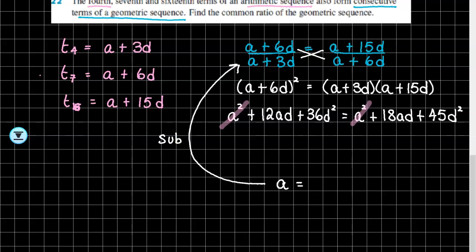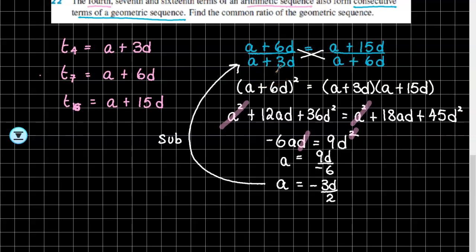Give it a go. So we're going to sub that back in, back up here, because the issue that we had with that ratio was that we had an A and a D, and that was no good.